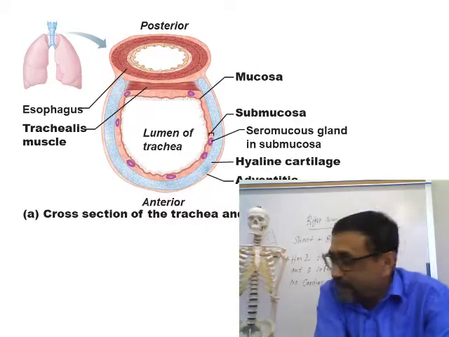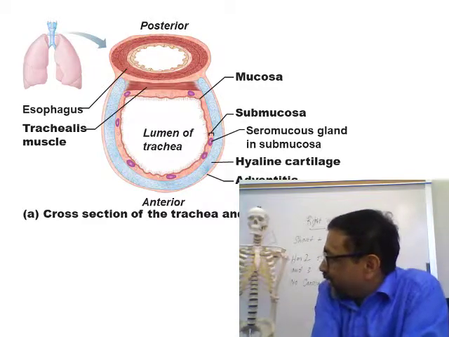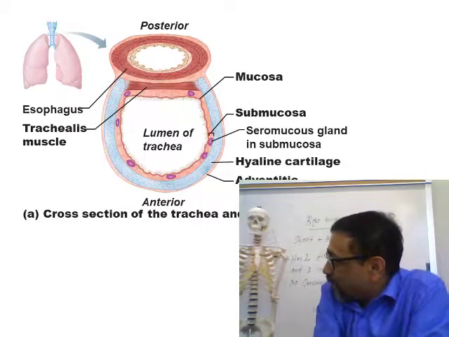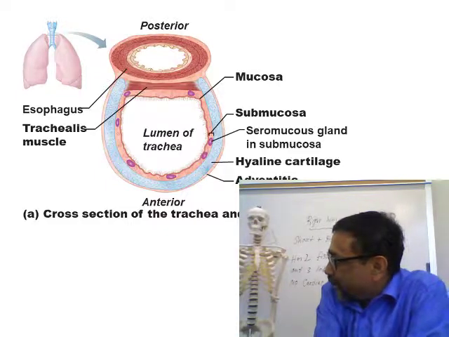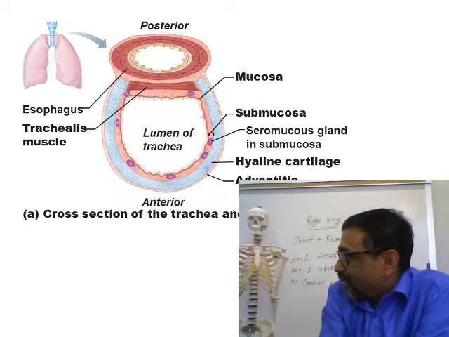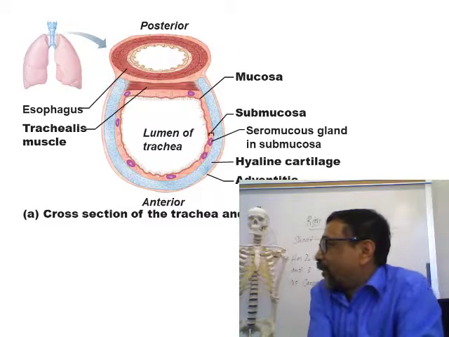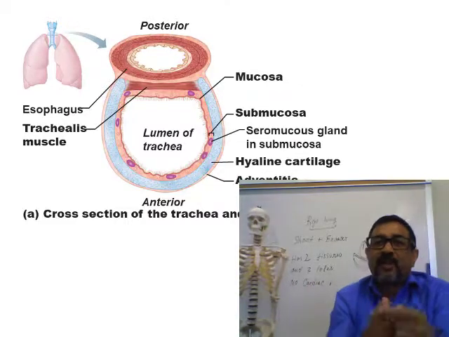The outermost layer is the adventitia, and the C-shaped cartilages are located in this outermost layer. So those are the three layers from inside to outside: mucosa, submucosa, and adventitia. In the back you have the trachealis muscle, the posterior part. Now, the last piece of cartilage is called the carina, which is not C-shaped.